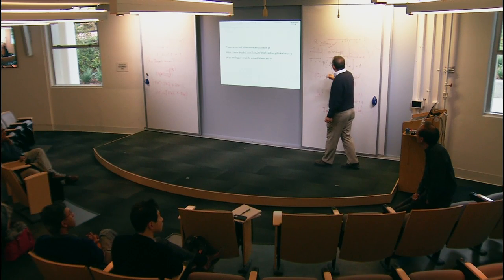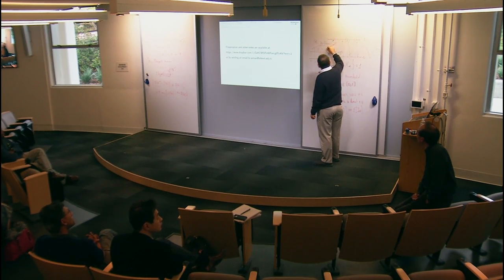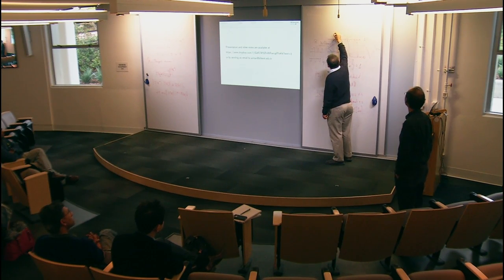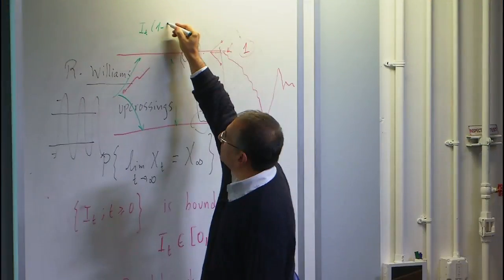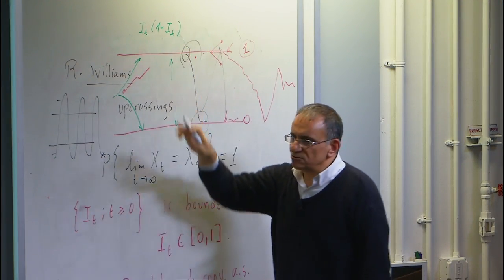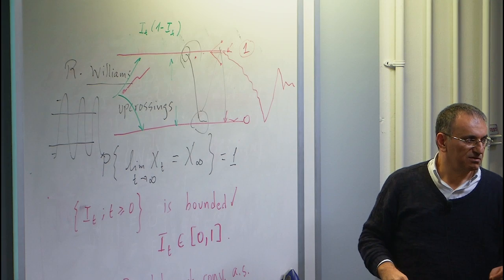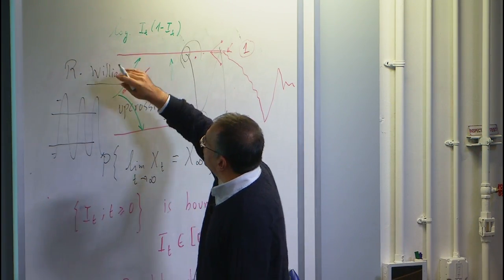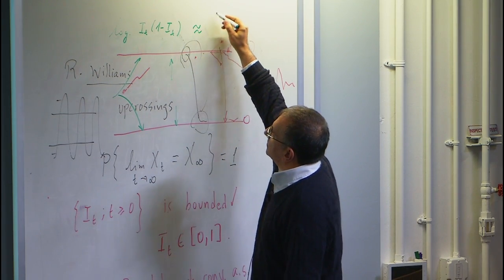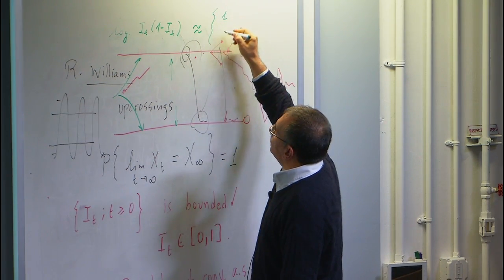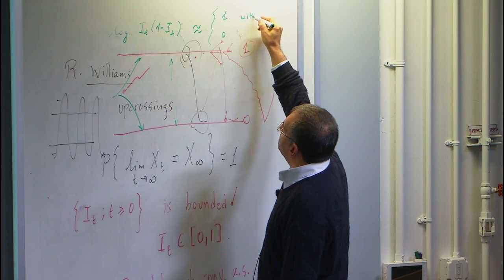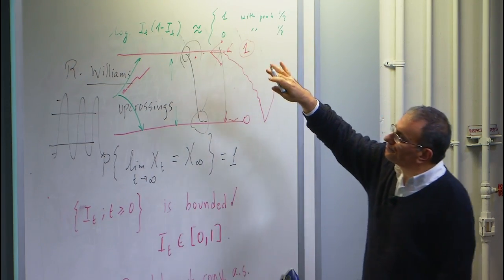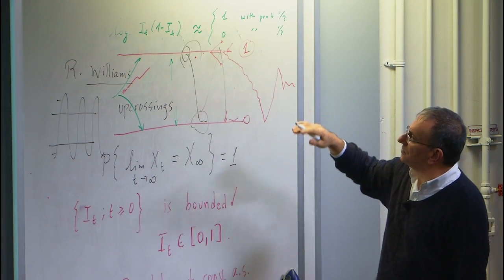Basically, this is a process with two attractors. You define a process like this. Now it has only one limit point, 0. And then you take the logarithm of this one. This process is approximately a process which is either 1 or 0, with probability a half, with probability a half. So this is the basic intuition.